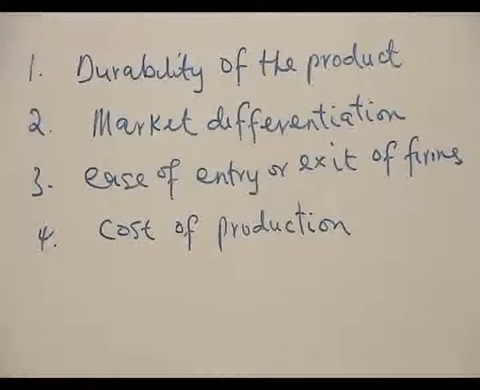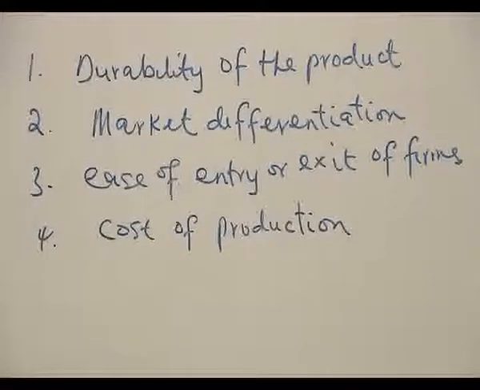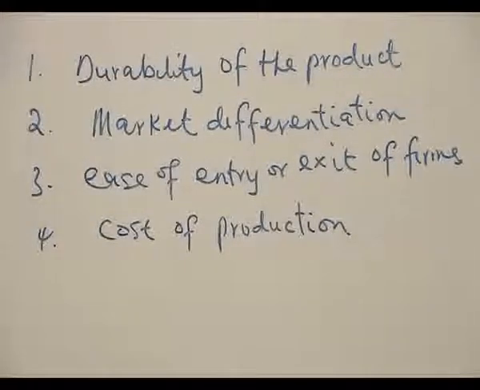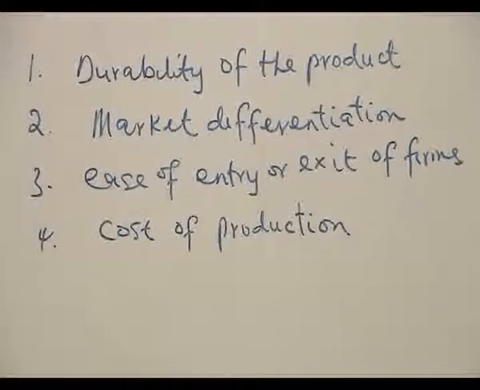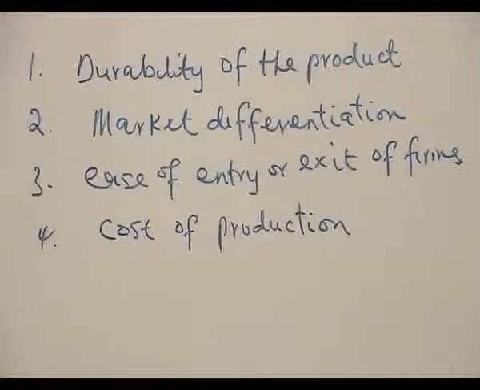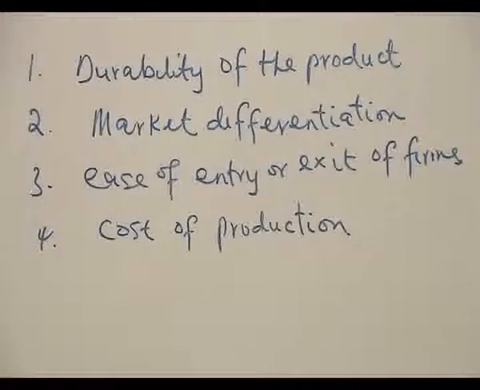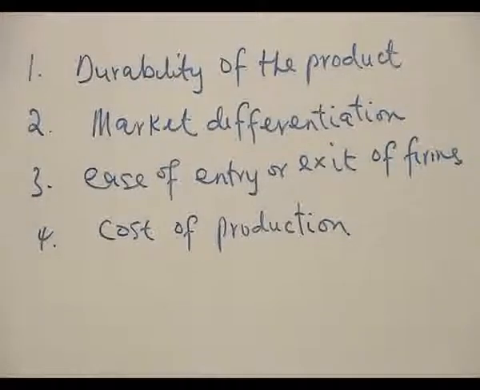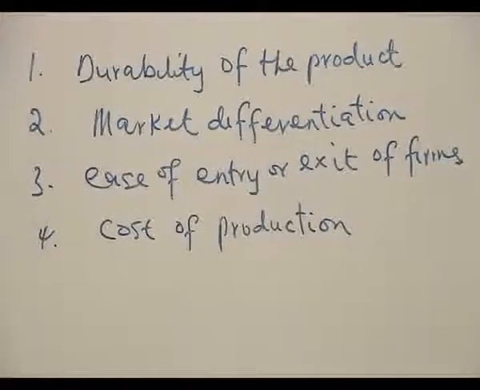Number 2, market differentiation. If the product can be offered to different markets, the product will be elastic. But if there is only one market for the product, it tends to be inelastic. Number 3, ease of entry or exit of firms. If it is easy for firms to enter the industry, the product will be elastic, because there is no restriction.